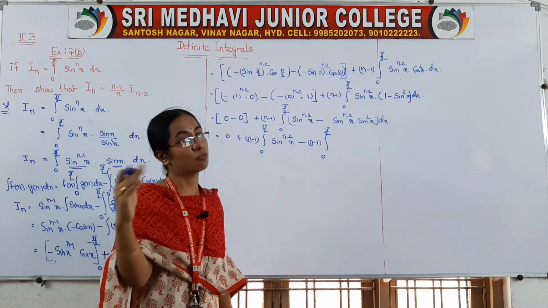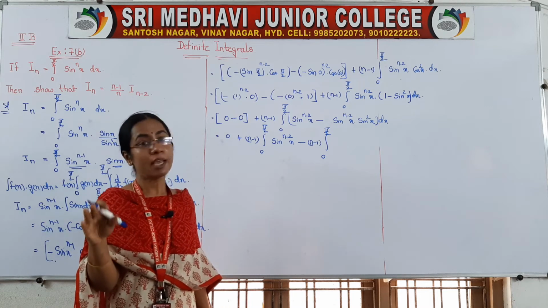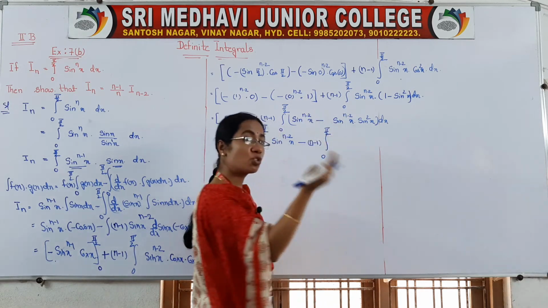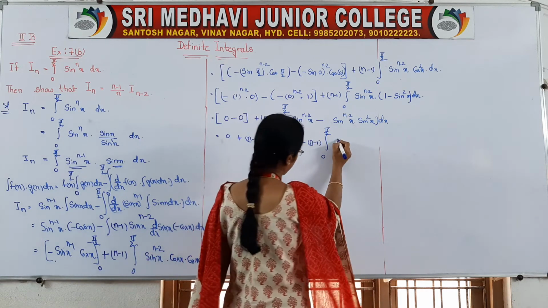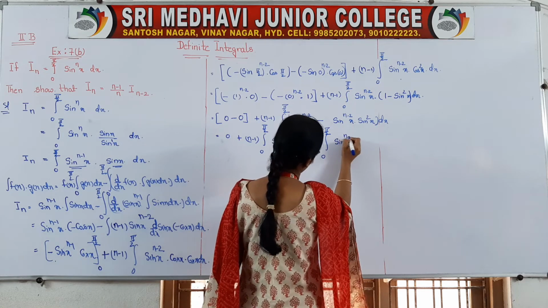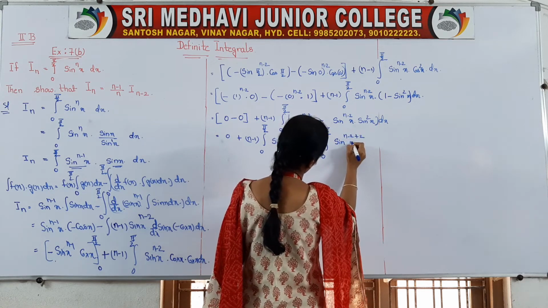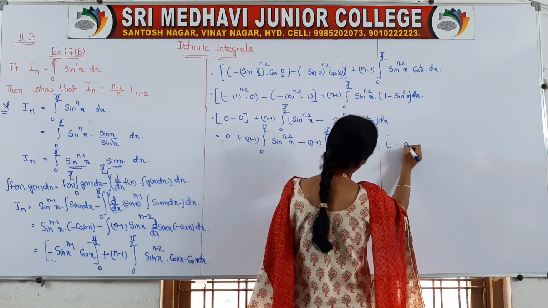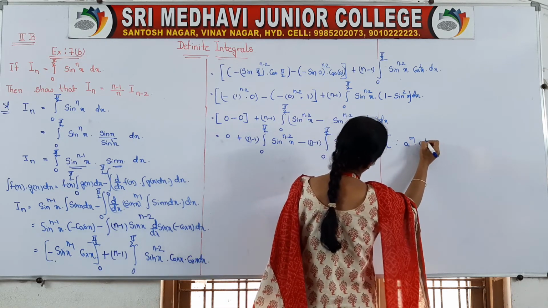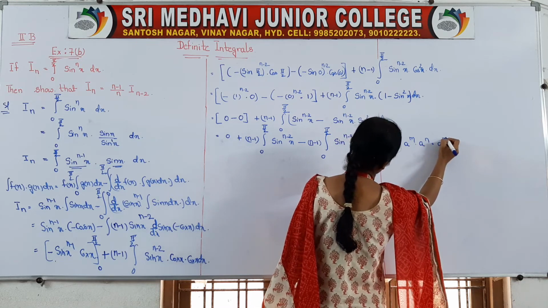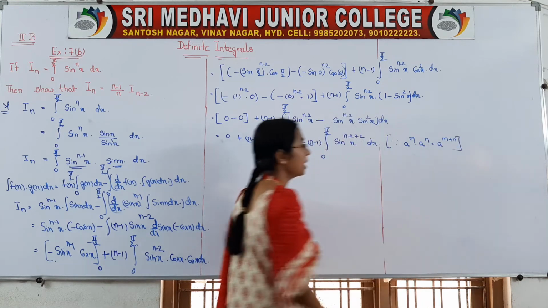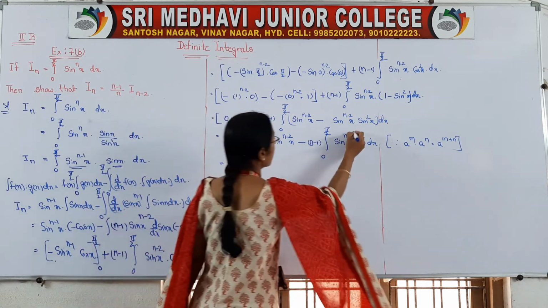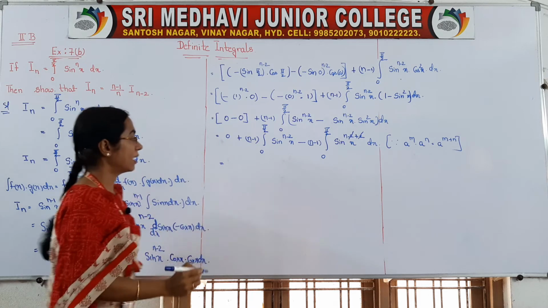In a product, if bases are same, powers should be added, isn't it? So sin to the power of n minus 2 plus 2x dx. It is of the form a to the power of m into a to the power of n is equal to a to the power of m plus n. Okay, so is equal to, here plus 2 and minus 2 cancel.